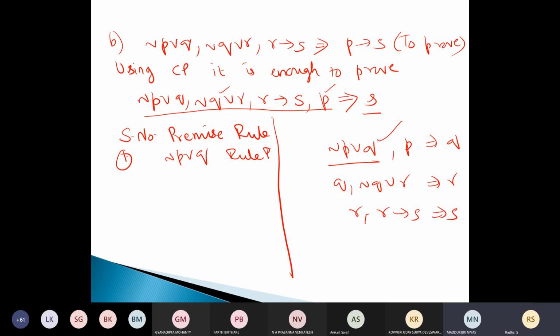Okay. Not P or Q, rule P. So now I'll introduce P along with this. Rule P. Then third one, using these two, I'll get Q, disjunctive syllogism on 1 and 2.